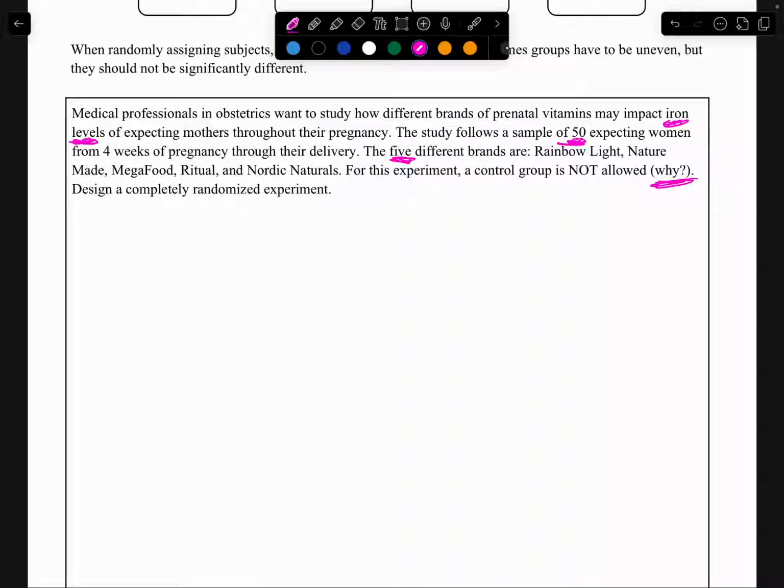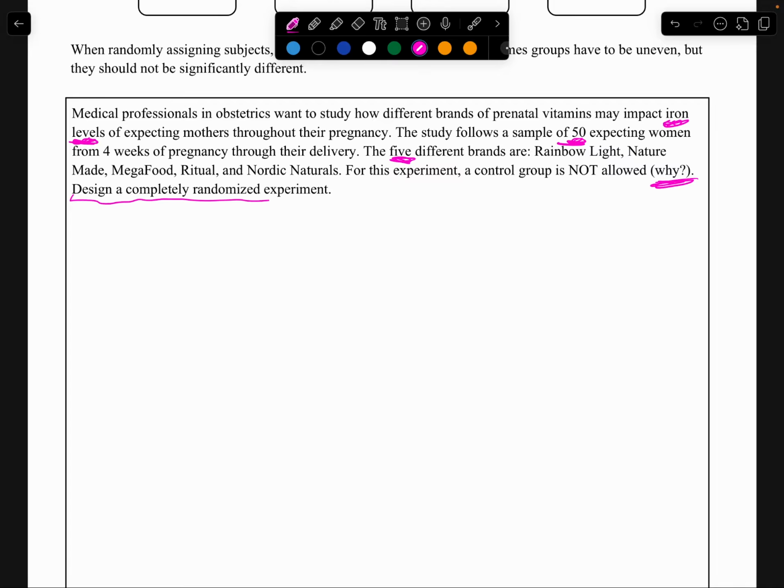Because you can't tell anybody there's a placebo. And they're like, yeah, I want to be part of a vitamin study. And then one group is thinking they're taking vitamins, but they're not. So maybe something happens and their iron is really low because they don't take any pills, and something could happen medically. They think they're taking vitamins. You can't do that to them. That's unethical. So you can't do that.